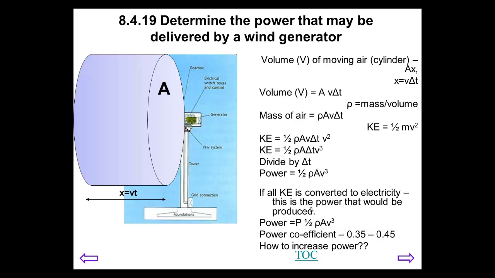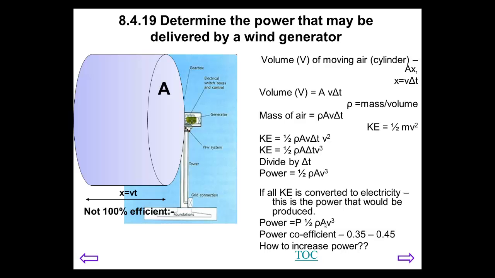If you double the velocity, v cubed is going to be 2 to the power of 3, so you will get 8 times as much power. Another thing, if you double the area, you're able to produce twice as much power. Remember that the area is pi r squared, where r is the radius of the circle, in other words the length of the blade.